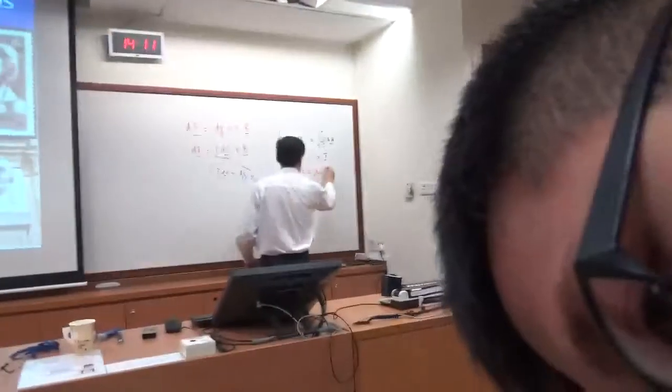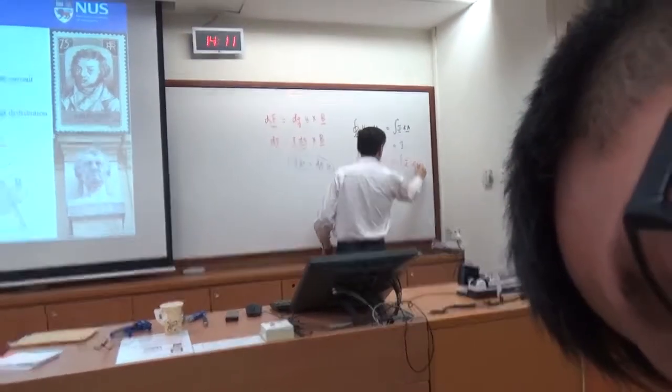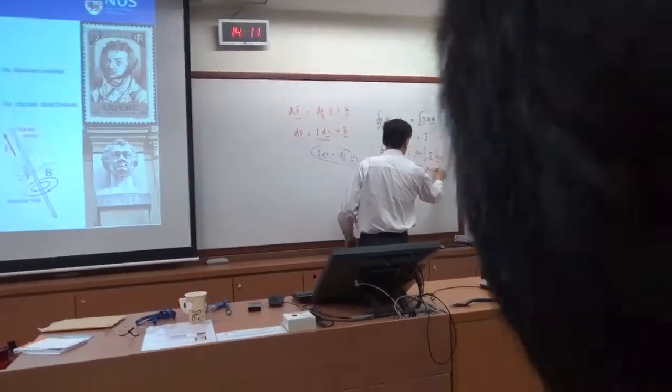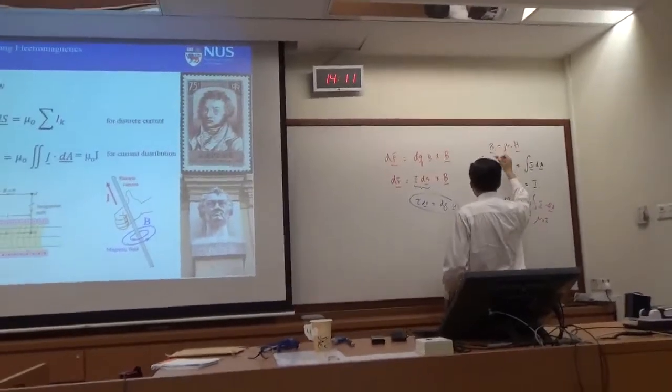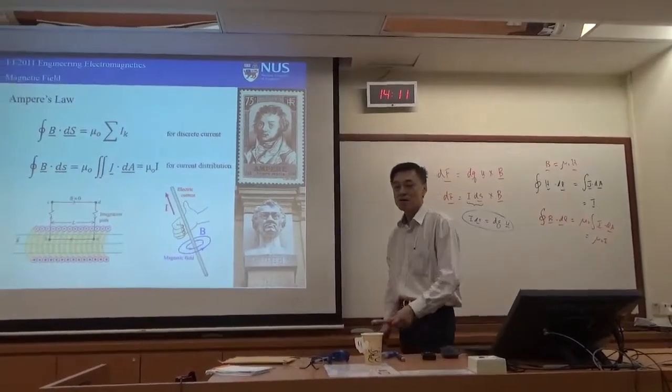H dot dl, which is equal to J dot dA. Okay, H dot dl, or if they use B here, it is the same. B dot dl is equal to mu naught J dot dA, which is equal to mu naught I, because B is equal to mu naught H. Alright, so it's the same.